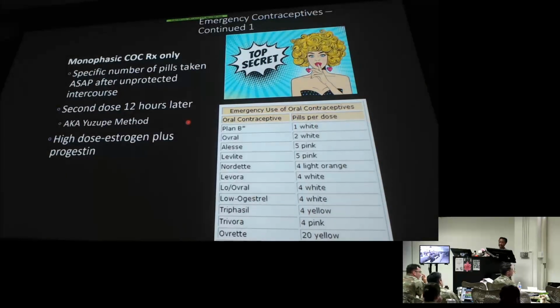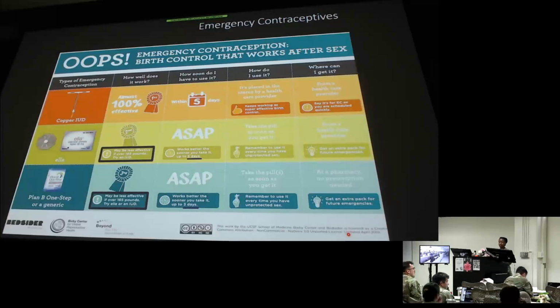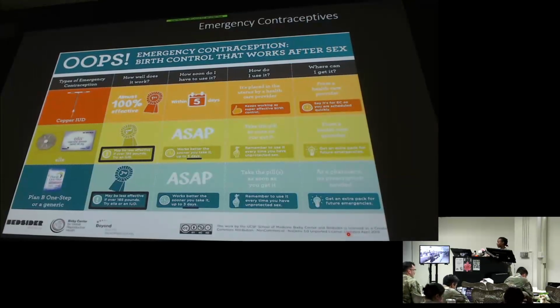This is an FYI for you guys, so you don't need to remember this, but this is just telling somebody, if they were in a situation and they had one of these birth controls on hand, hey, take 20 of these pills or take 4 of these. That's how high the estrogen dose is. So that's why for my patients who I see coming in all the time, who are using an emergency contraceptive that they don't need to be consistently using, I say something to them, because this is not something that you want them using all the time freely.